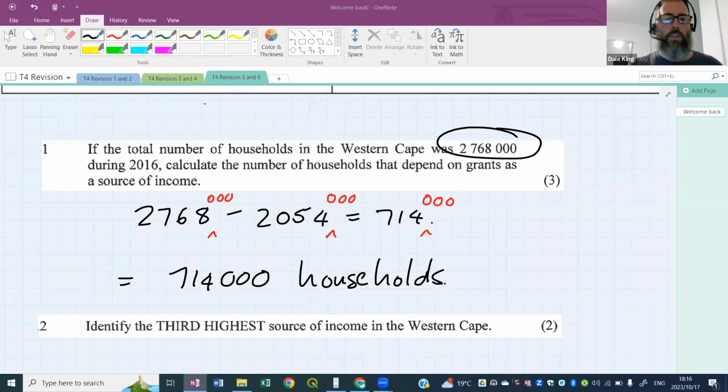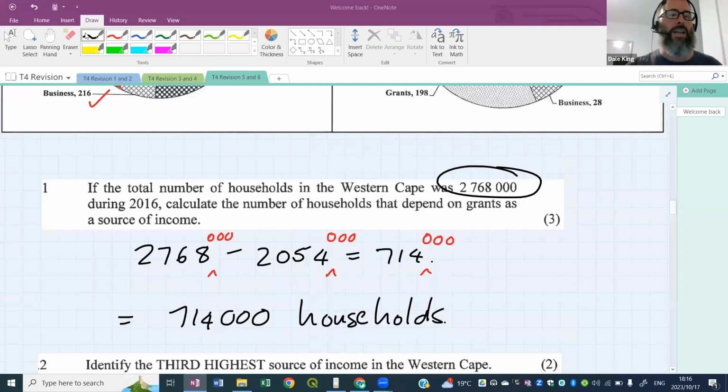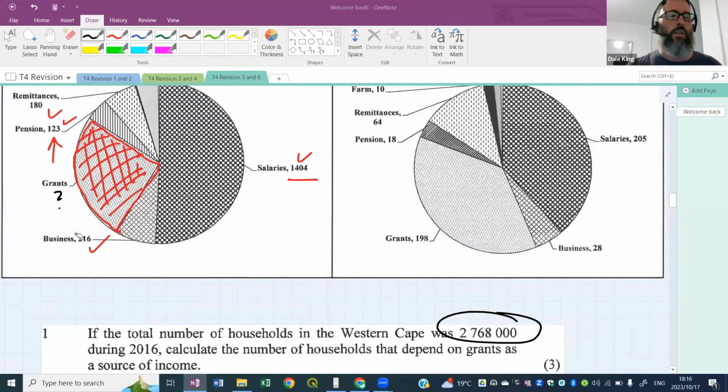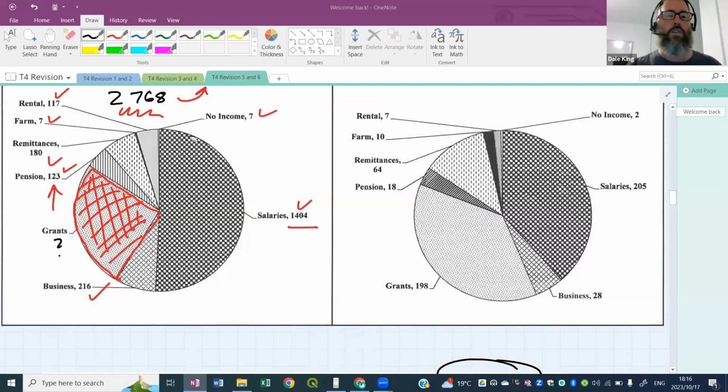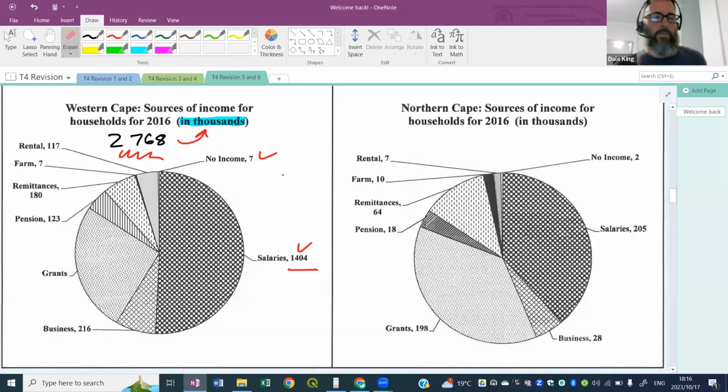Next question. Identify the third highest source of income for the Western Cape. You guys can look at the graph and identify it. The third highest source of income is what? Let me put down the grants, 714.